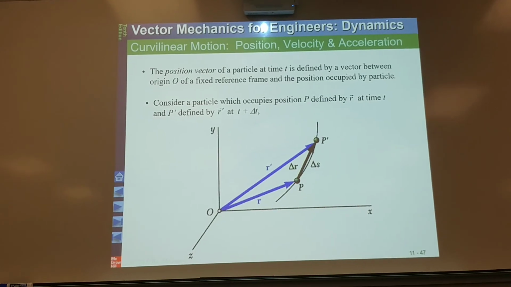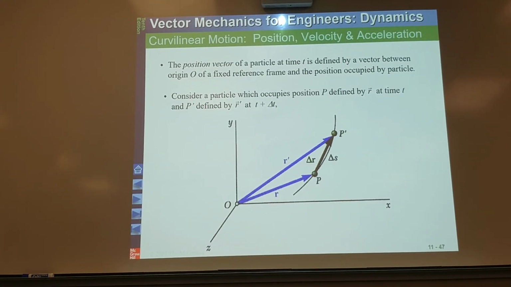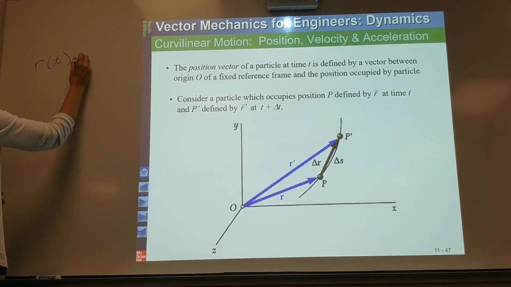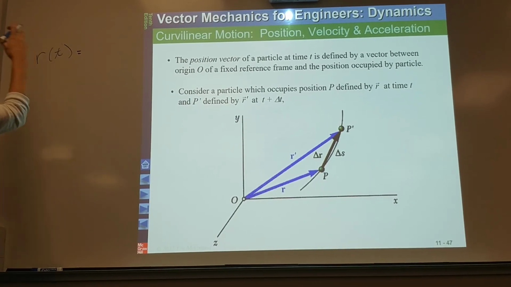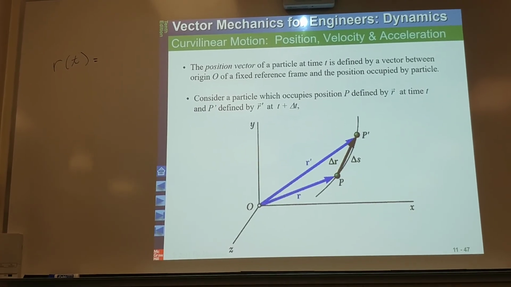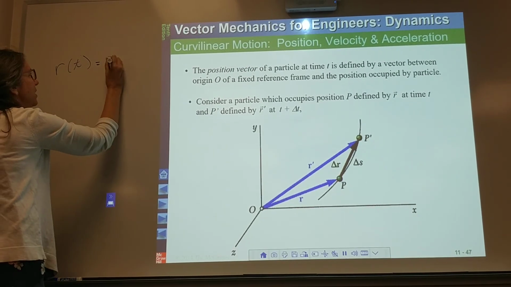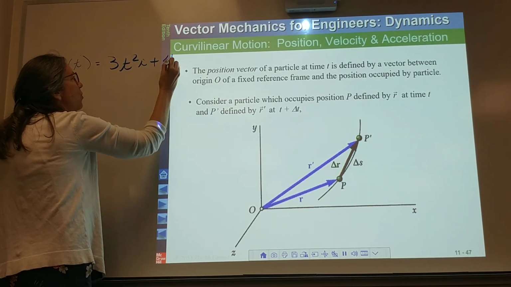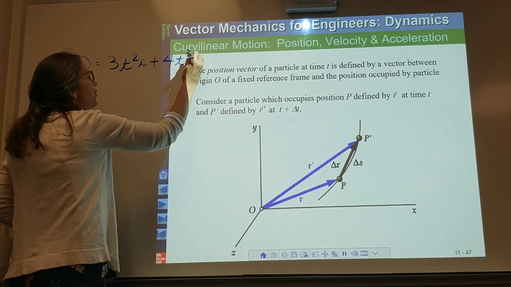So this just shows that instead of x as a function of t, we're going to have r as a function of t. Okay, and if we're using rectilinear motion, we'll have i, j, and k components. So let's say this is 3t squared i plus 4t cubed j.